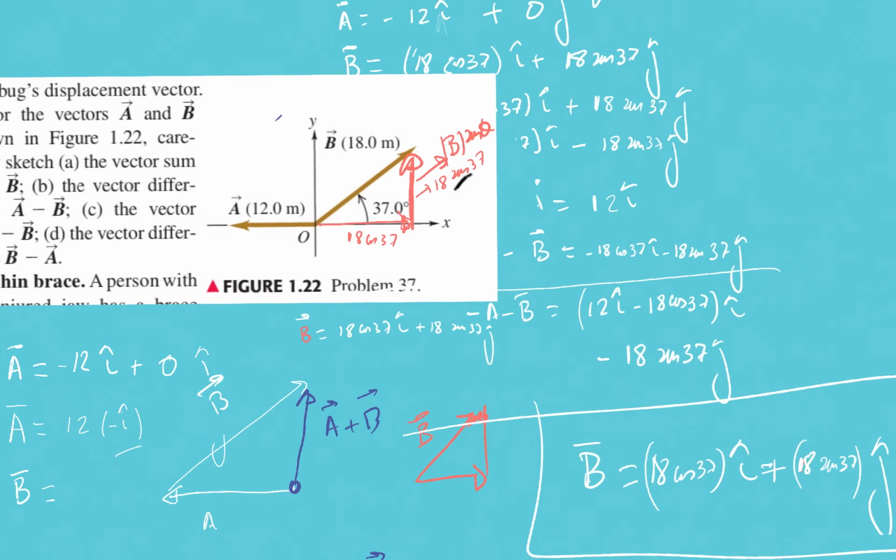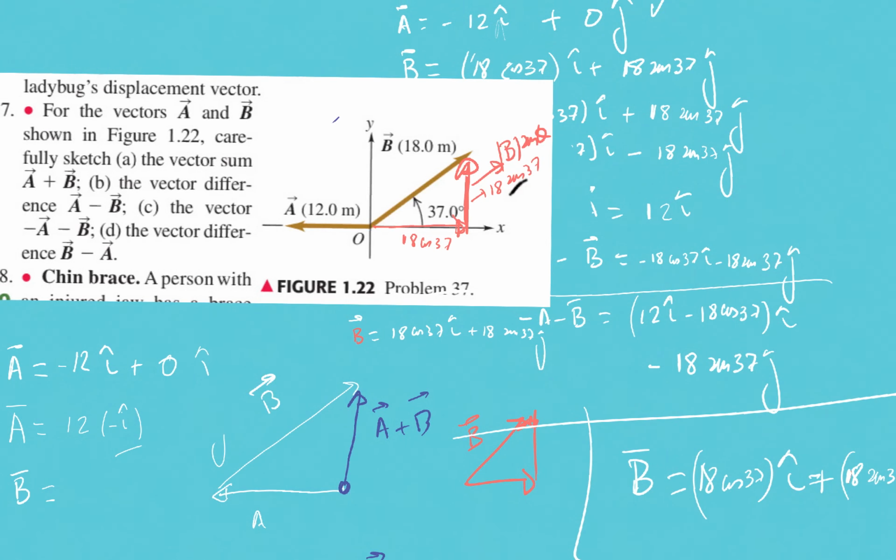Okay. So the vector A is minus 12i plus 0j. The vector V is 18 cosine 37 i plus 18 sine 37 j. How will I find A plus V? I will sum the i components with the i components, the j components with the j components. So the sum will be minus 12 plus this amount in the i direction, and 0 plus this amount in the j direction.